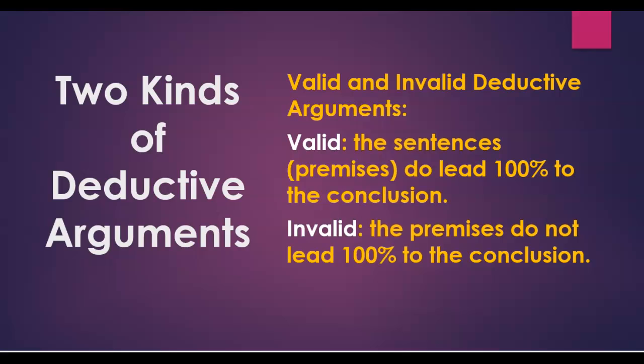A valid deductive argument is one in which the premises do lead 100% to the conclusion. Okay? It's 100% provable, therefore it is a valid deductive argument. On the other hand, you have a deductive argument in which the premises do not prove 100% the conclusion. We call this an invalid deductive argument. Valid, 100% proved. Invalid, not proven 100%.